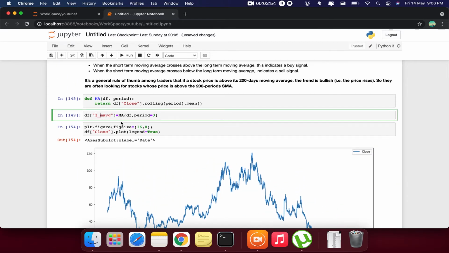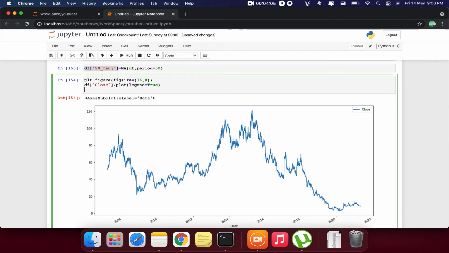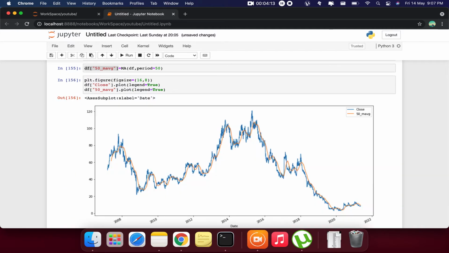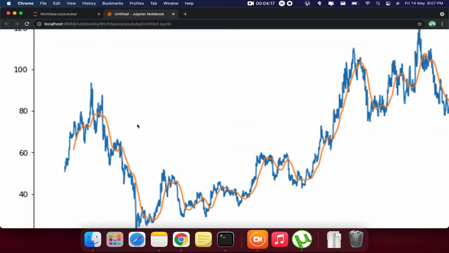Now let's calculate a 50-day moving average, and this will make it clear why we even use moving average in general, right? So moving average is a very good way to understand the trend of the data. Okay, so how the data is trending. So here, if you can see the chart, and let me just magnify it for you, right?